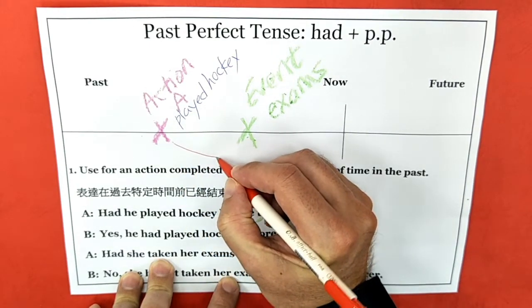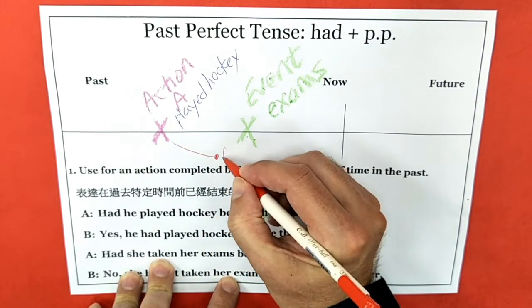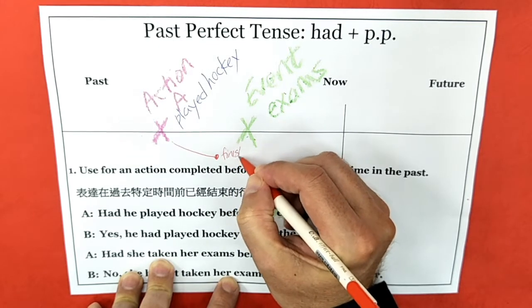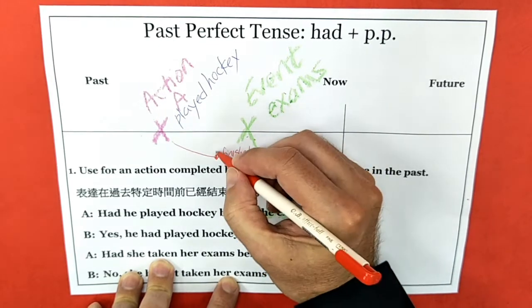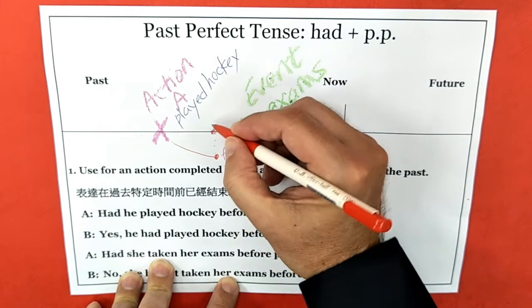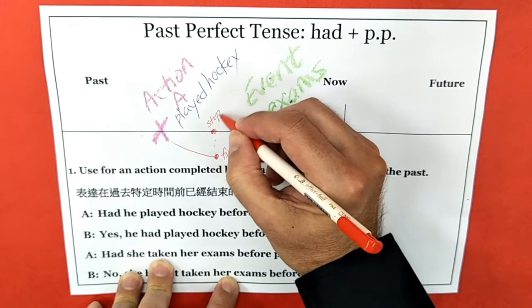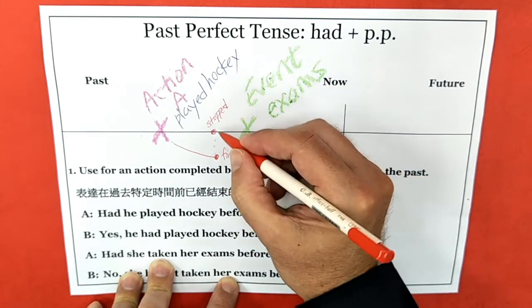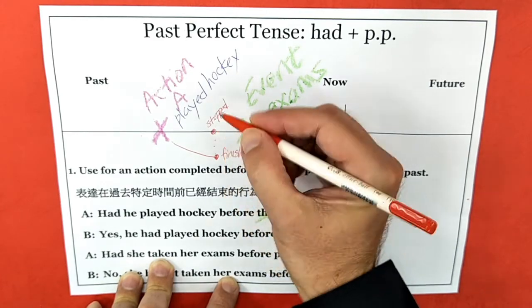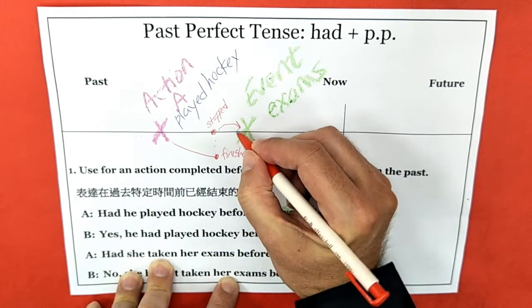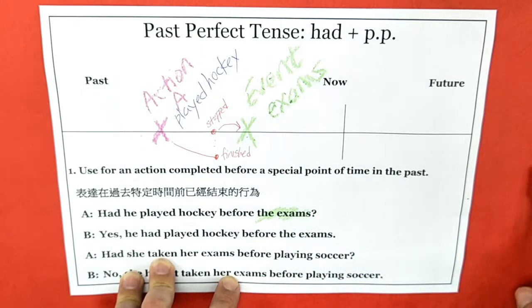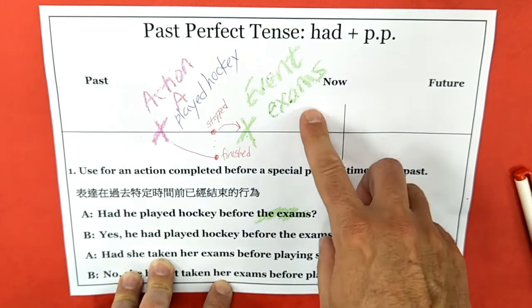Hockey is finished. It's finished. Hockey's over. It stopped. When this is stopped, it's over, then we get this next event happening, the exams.